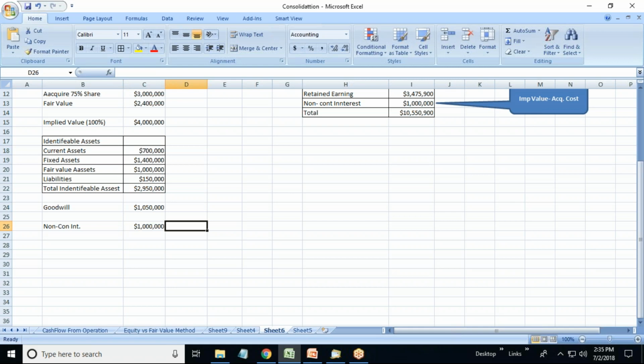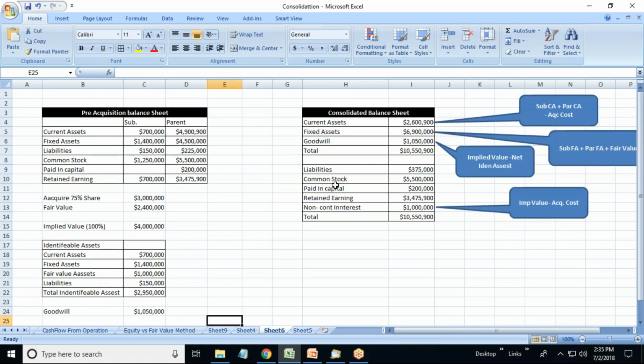We calculate it from the total implied value of 4 million multiplied by 25%, which gives 1 million as the non-controlling interest.